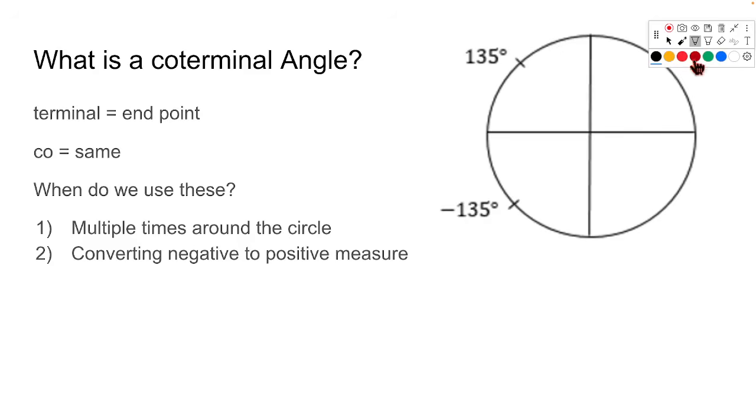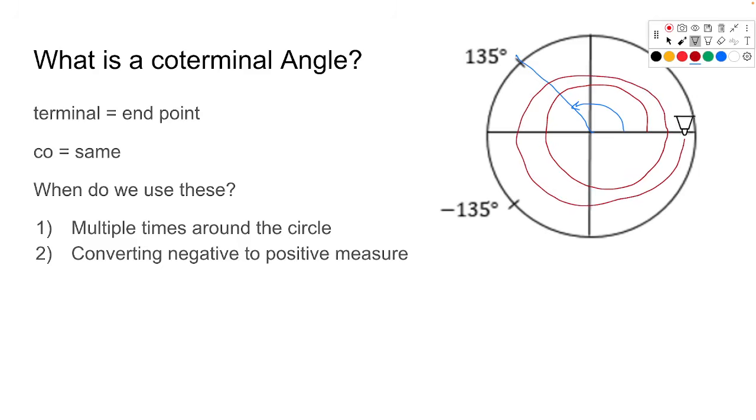So another way is to think about, this is 135 degrees, right? But that means it was measured just from 0 to there. Thinking of a spring, let's go with red, just maybe I went around the circle one time and went around the circle again, and then I stopped there.